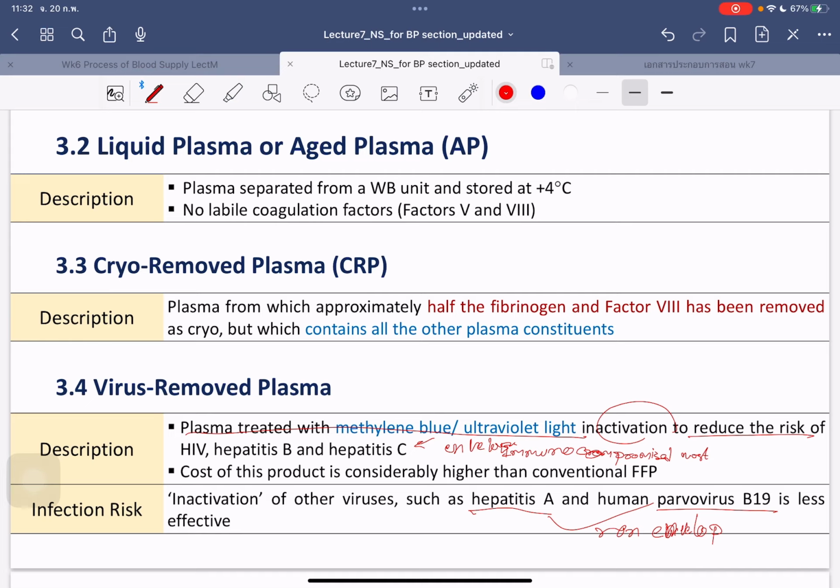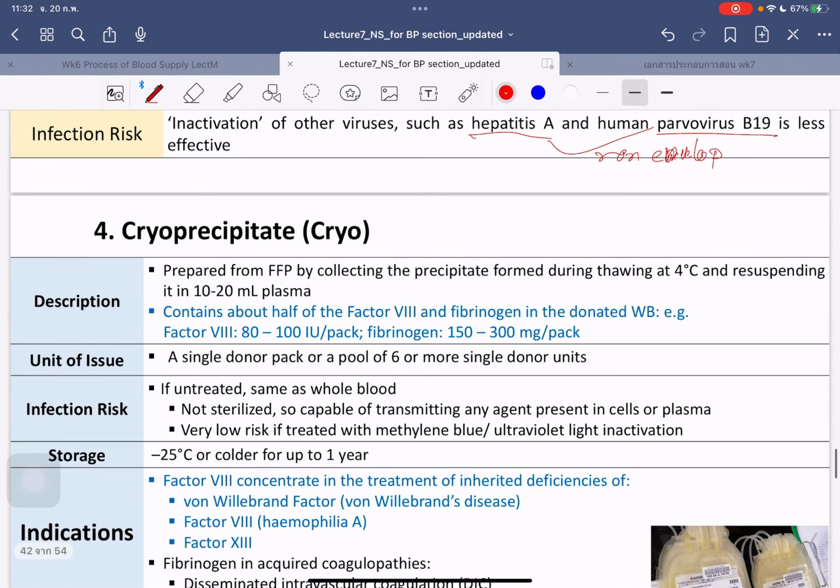The cryo has factor 8 and fibrinogen. It means that if you want to transfuse factor 8 into a patient, such as a neonate, it is recommended to use cryoprecipitate because the volume is smaller than FFP and it can prevent volume overload in the patient.